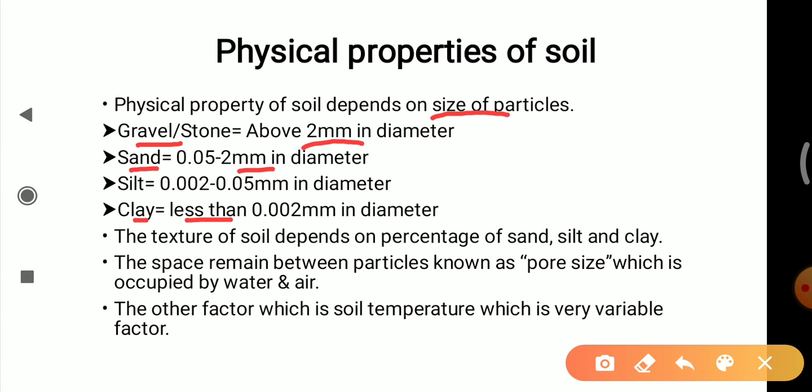Gravel or stone is the largest in size. Then it comes to sand, silt and clay. They are larger in size in this order: sand, then silt, then clay.